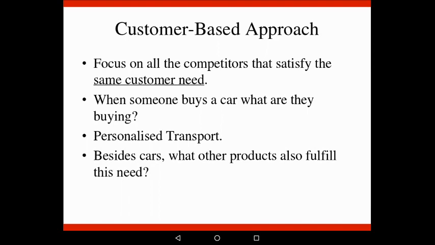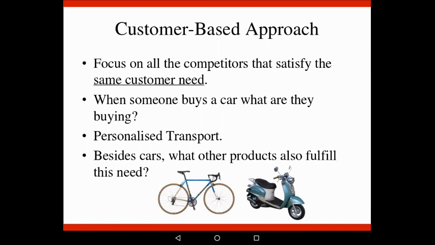So besides a car, what other products also fulfill this need? Let's have a look. A bicycle could fulfill this need. A scooter could fulfill this need. Even something like a skateboard. All three of those things offer personalized transport. Right? It's only for the individual person.